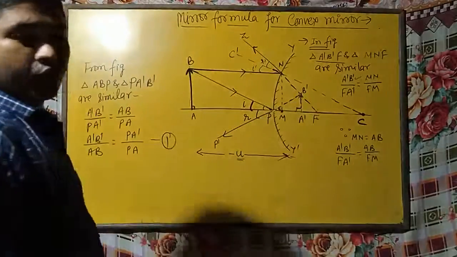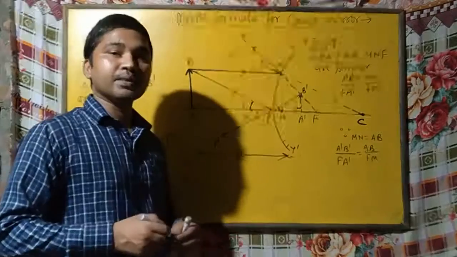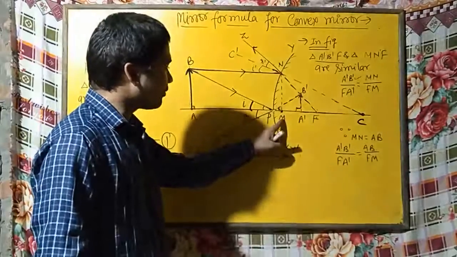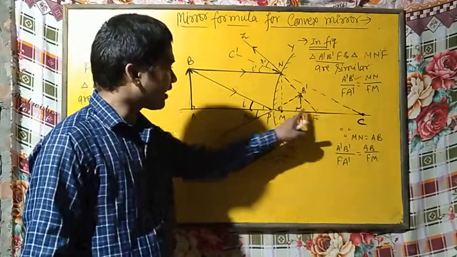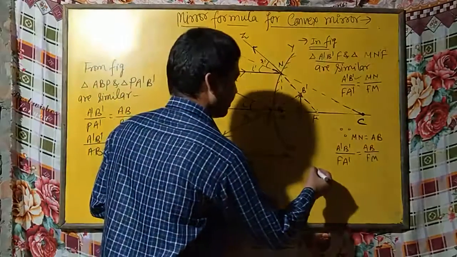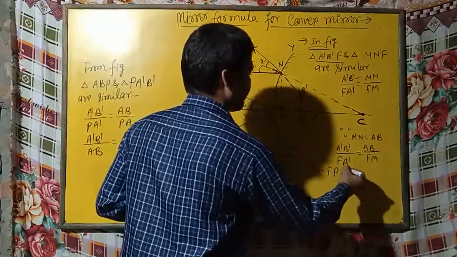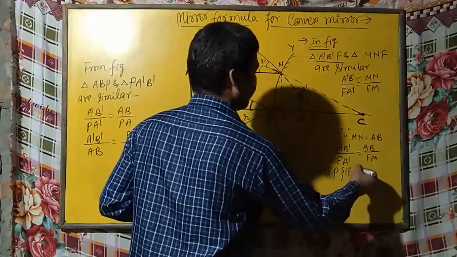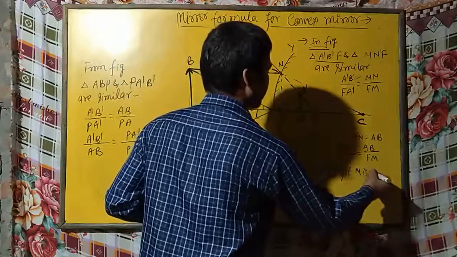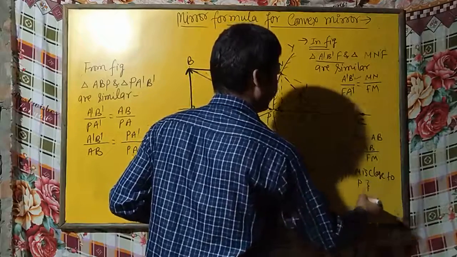Okay, now if M is very close to P, we are going to use the approximation. Let me repeat the approximation. If this point M is very close to P, then this FM must be equal to FP. So you can write FM is equal to FP if M is close to P, right?